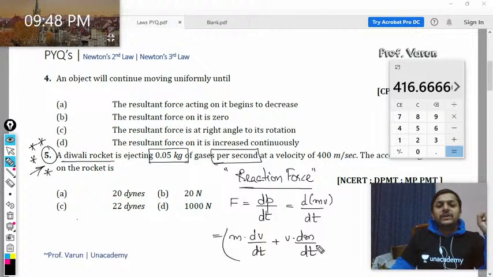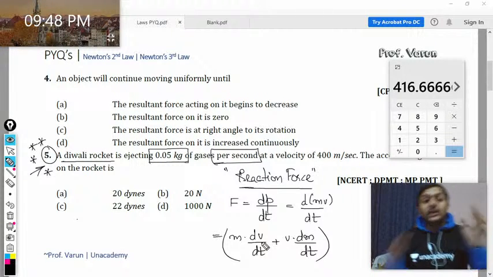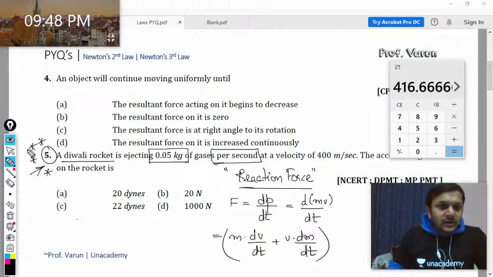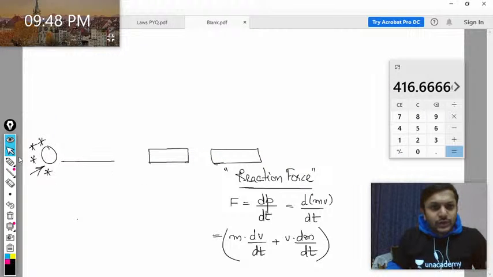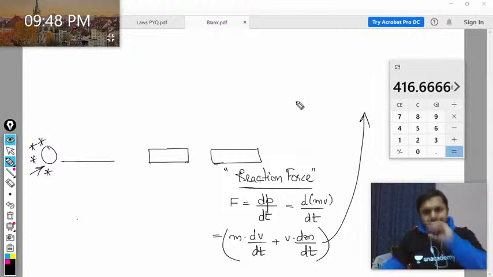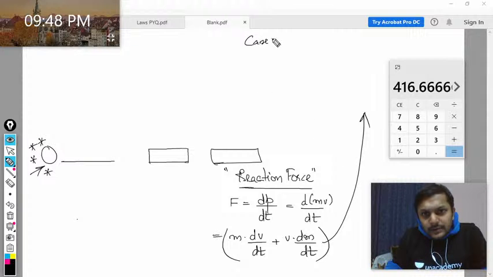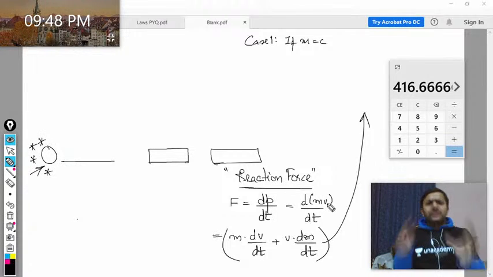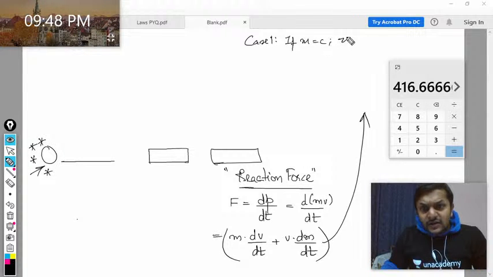Okay, this is very important. Now after it, we generally take two directions. Case 1: if mass is constant, which is generally the case, and velocity is not constant.